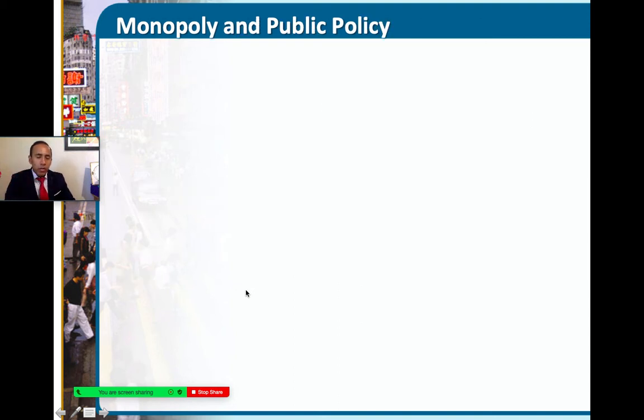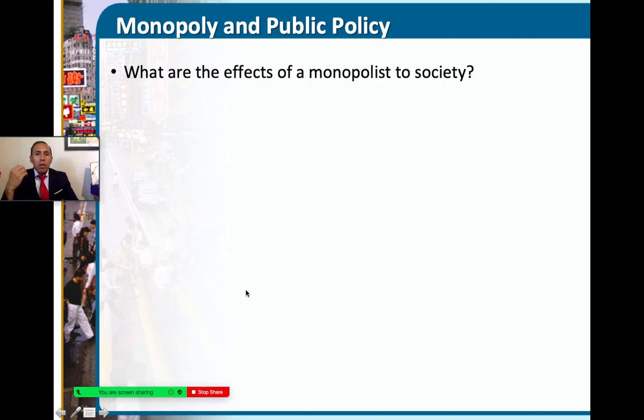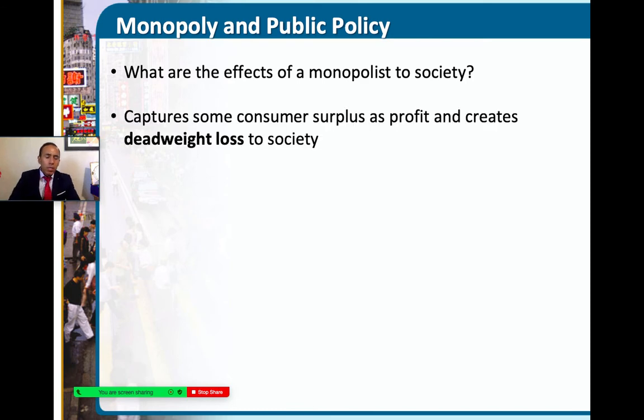A very interesting point. There's a slight distinction. So what are the essential effects that monopolists have on society? Well, the monopoly captures some of the consumer benefits, referred to as consumer surplus, as profits.